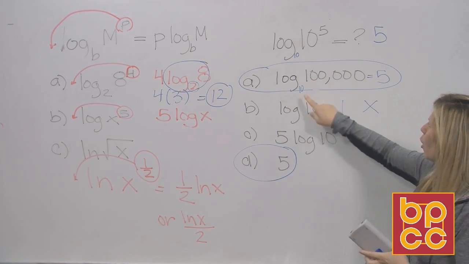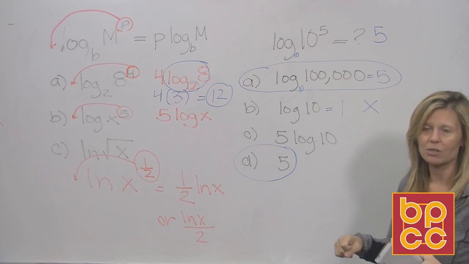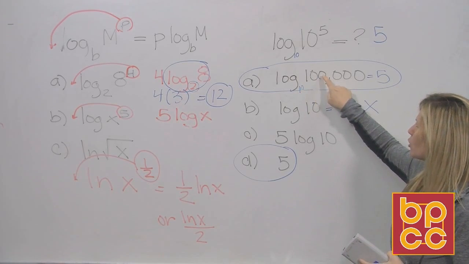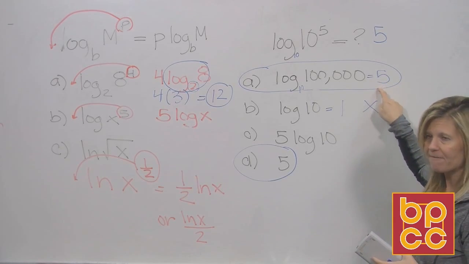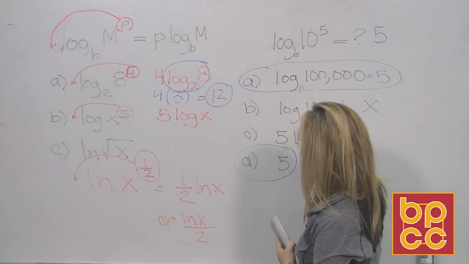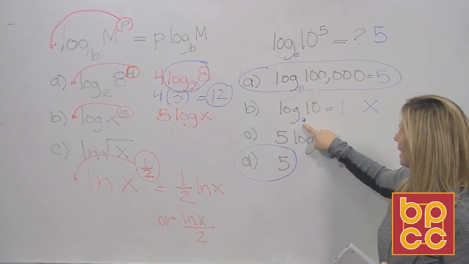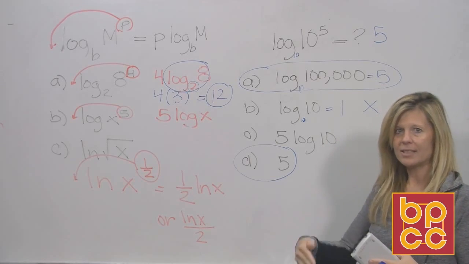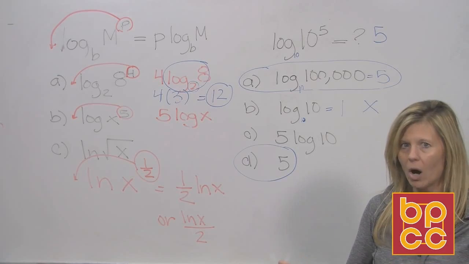I'm asking you, what exponent do you put on 10 to make 100,000? How many times would you multiply 10 to make 100,000? 5 times. That's why it spit out a 5. On this expression, again, the invisible base is 10. How many times would you multiply 10 to make 10? That's only 1 time. 10 to the first would be 10. So that's why the calculator spit out a 1.